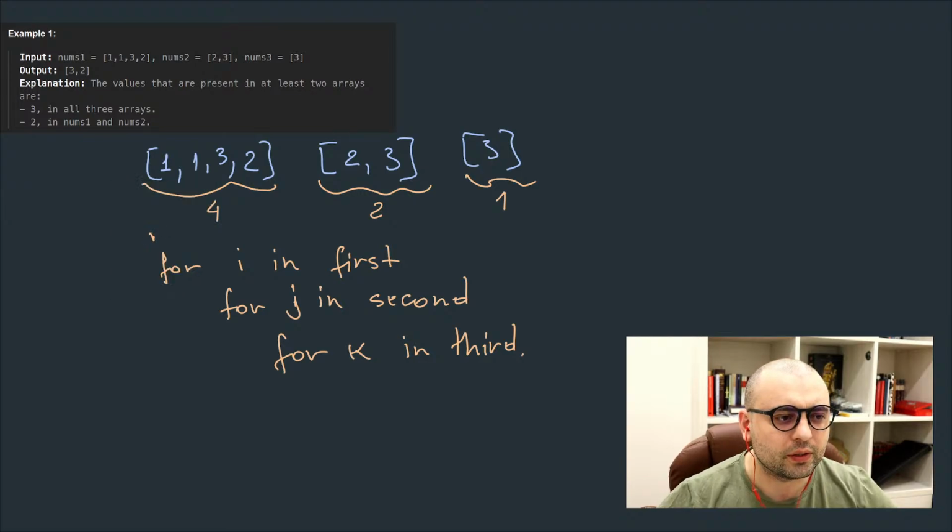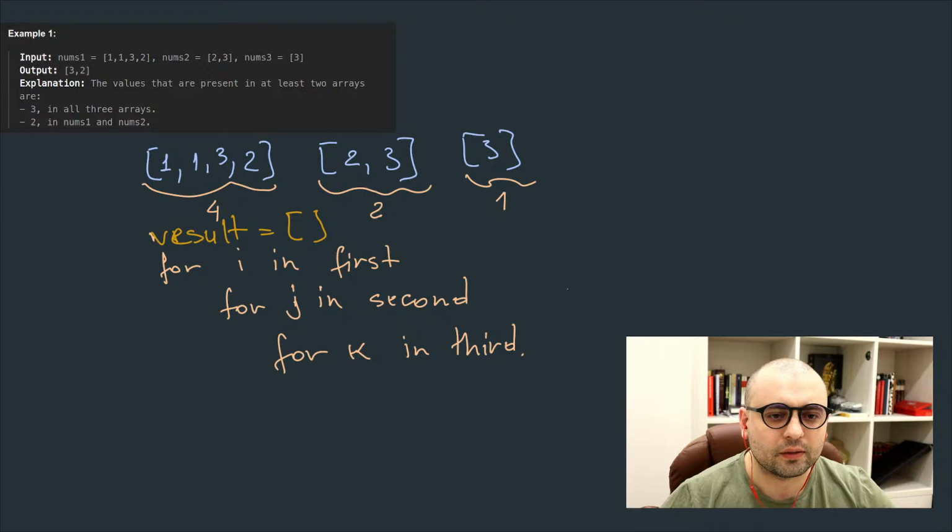We always can go this route. We'll have a result array, which will be a vector. But this is highly unoptimal.